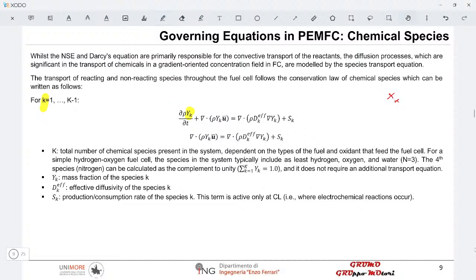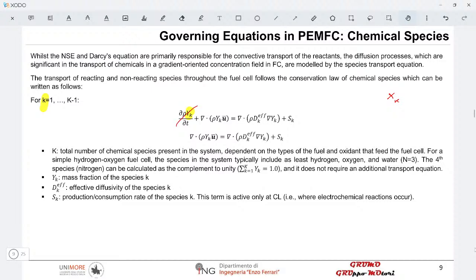Based on the code that you use, you might have different formalism, but the general meaning is absolutely the same. Now, again, we can neglect the time-dependent term, and we remain with a conventional advection and diffusion plus source term equation for the transport of this mass fraction.